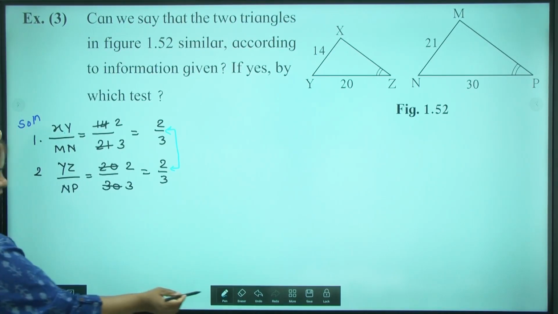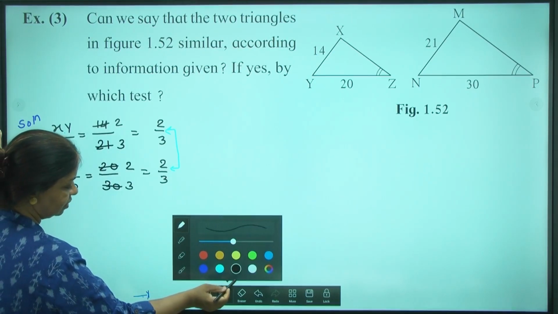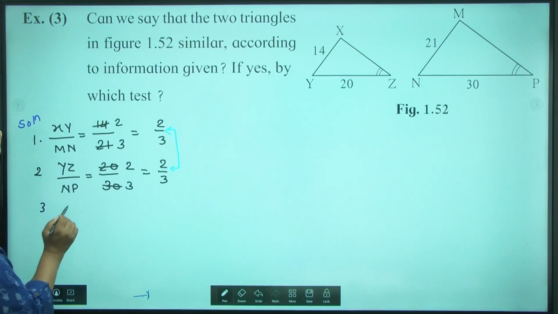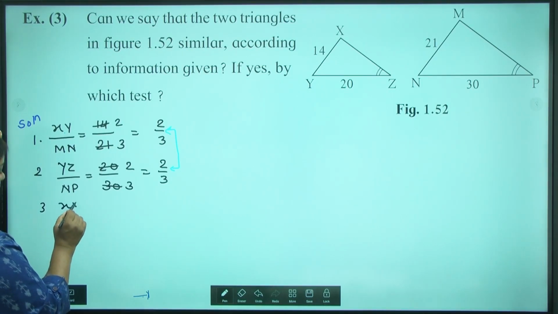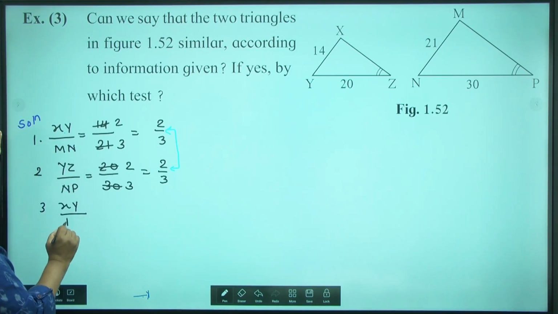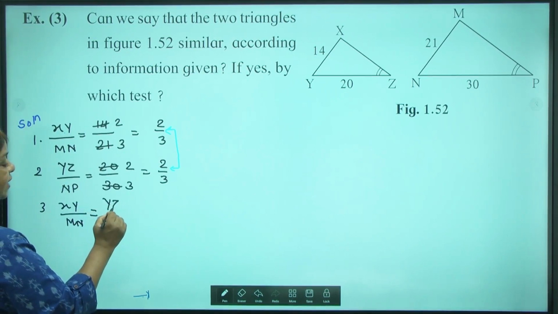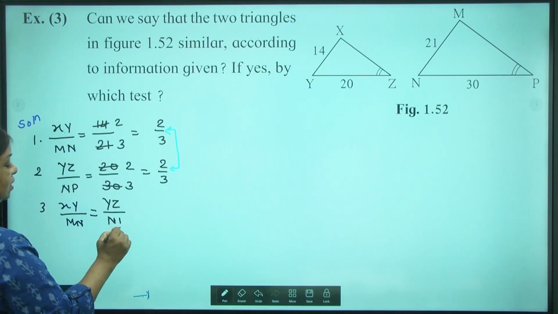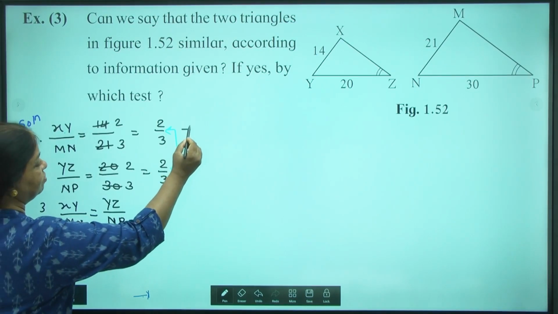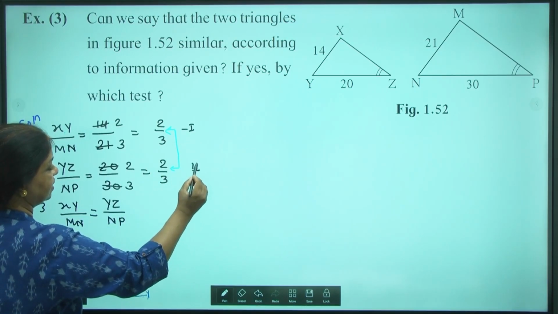So in my third point I can say that XY upon MN is equal to YZ upon NP, and from where? By first and second.